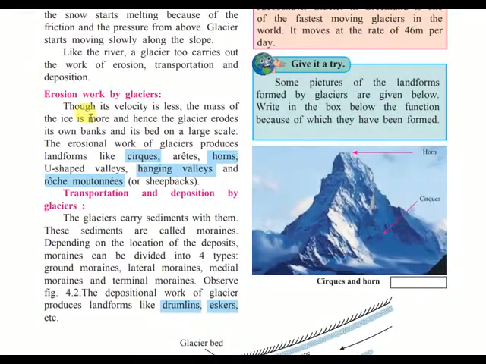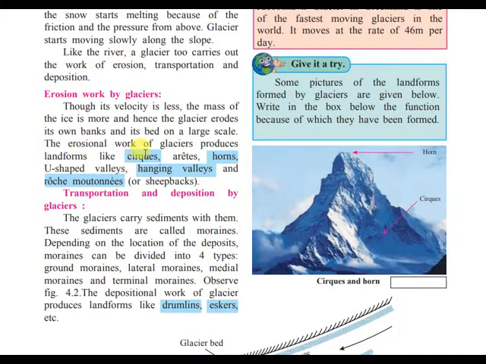Okay, see here, though its velocity is less, the mass of the ice is more, and hence the glacier erodes its bank and its bed on a larger scale. So normally the speed of a free river is actually too much and it erodes, but here the velocity of the glacier, because of the ice mass, is quite slow, however because of so much mass above, it starts to erode the banks and spreads on a large scale.